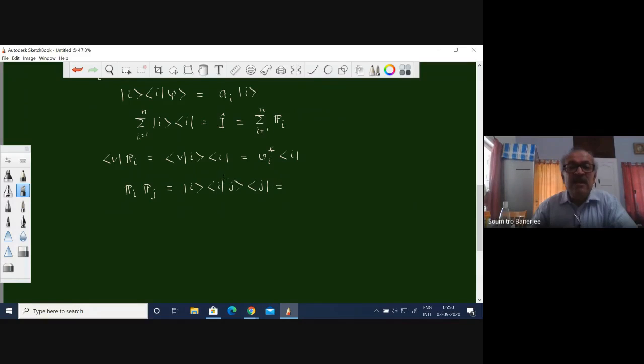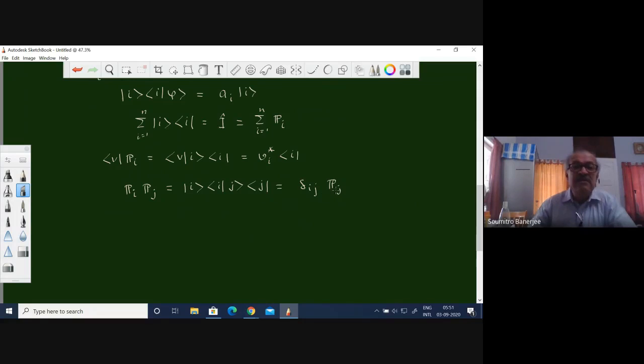This quantity is the delta ij. So effectively, I have the delta ij. Every term other than the terms where I equal to j will cancel off. Effectively, what remains is the pj. Because then this can be written as the j, this can be written as the j, and then you just put them together. This pj.